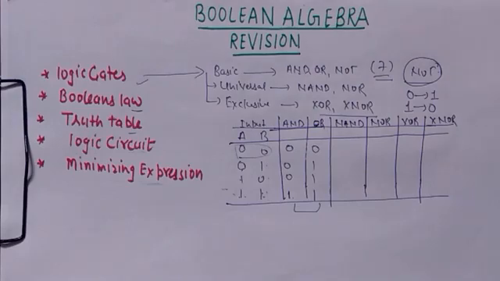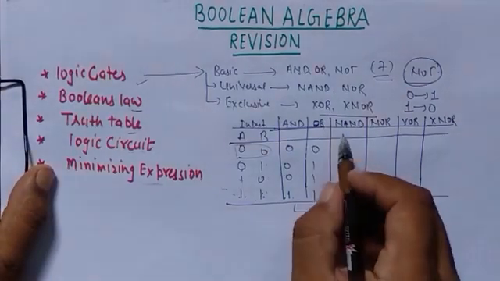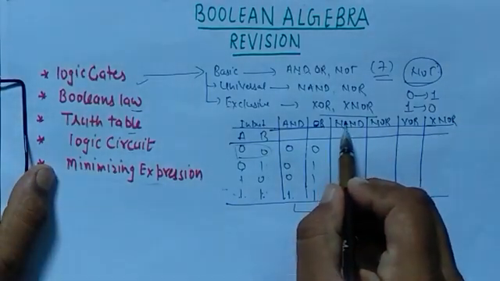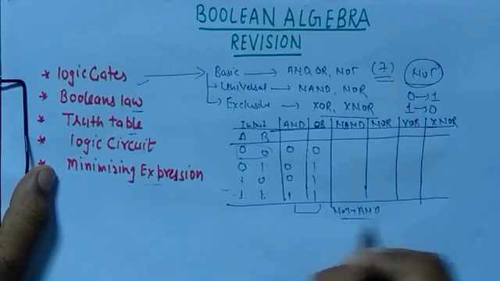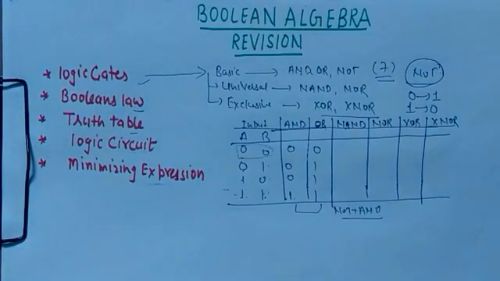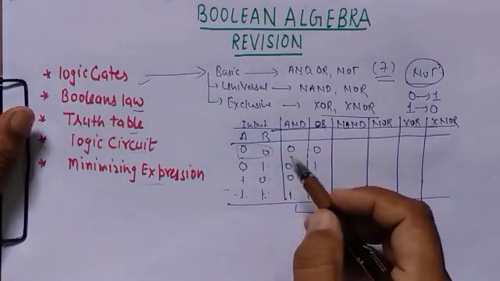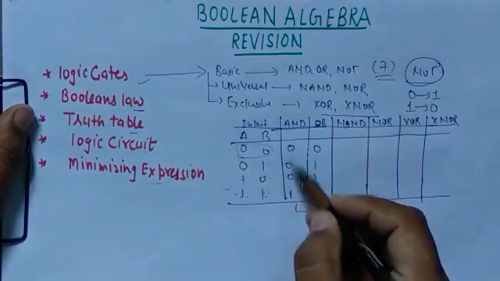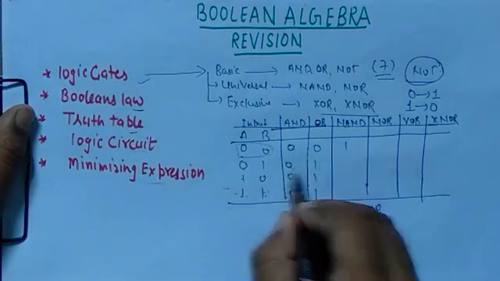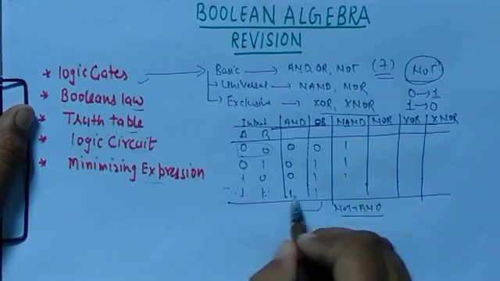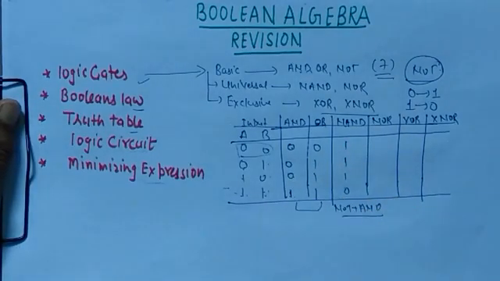Now NAND gate is saying NOT plus AND. So what is NAND gate? NAND gate is nothing but the opposite of AND gate. Opposite of AND gate means 0 0 0 1 becomes 1 1 1 0. Opposite of 0 is 1, opposite of 0 is 1, opposite of 0 is 1, opposite of 1 is 0.